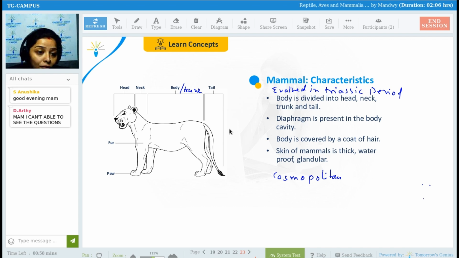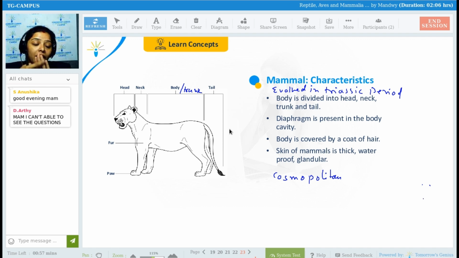The diaphragm separates the thoracic cavity and abdomen. What is the role of the diaphragm? Number one, in respiration. Number two, in defecation. Number three, in parturition. Number four, in micturition.